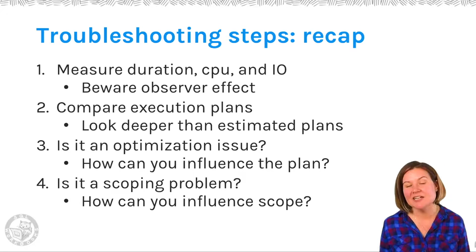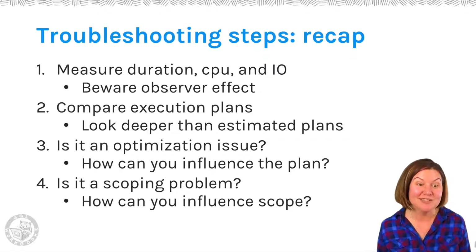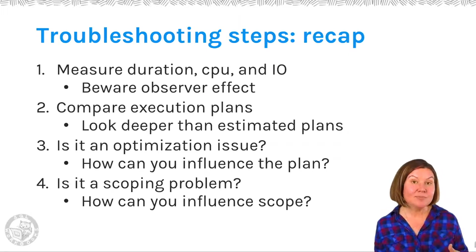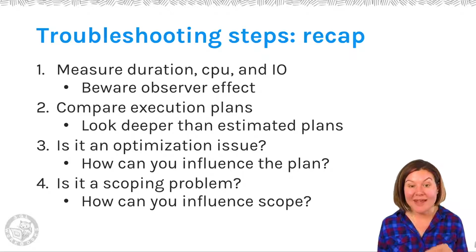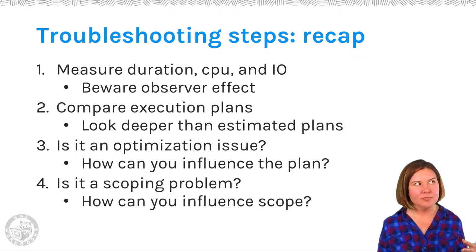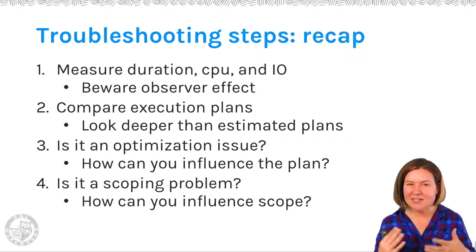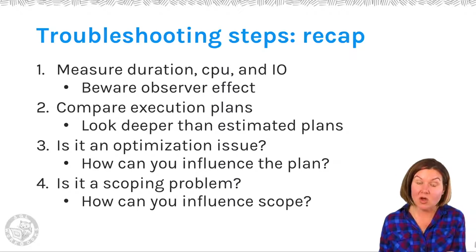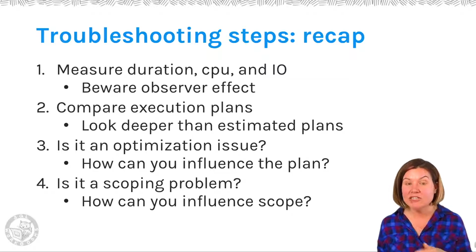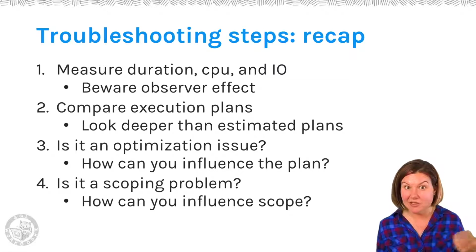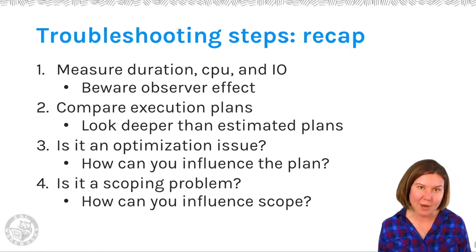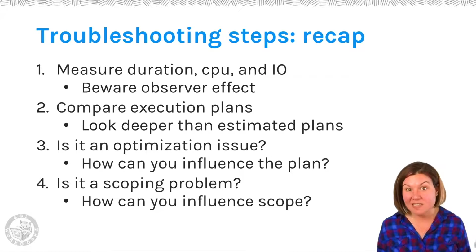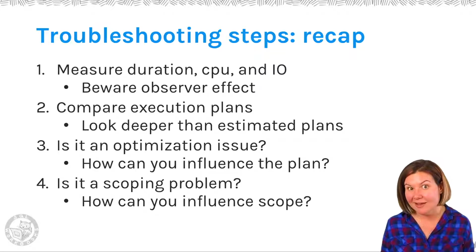The reason that I think this is such an interesting problem is it gives you a great place to practice performance tuning troubleshooting steps. Measuring the duration, the CPU, and the I/O usage, both of the statement as well as individual operators. We really focused on looking at I/O, but you can also look at CPU time for each of those operators in your actual plans on recent versions of SQL Server as well. Looking for differences in execution plans can also clue you in.